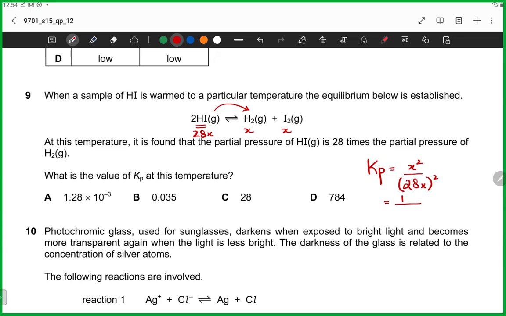So basically, you are left with what? 1 over 28 squared. What do we get? Yes. 1/784.